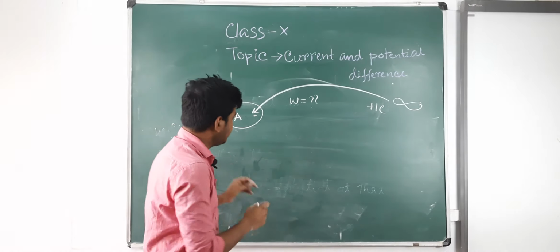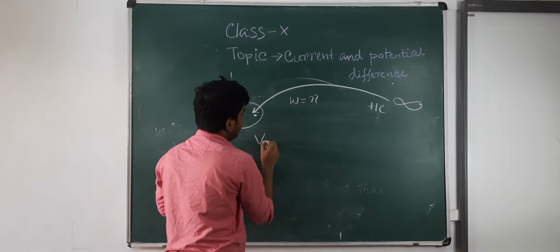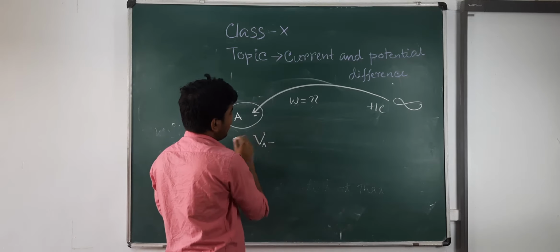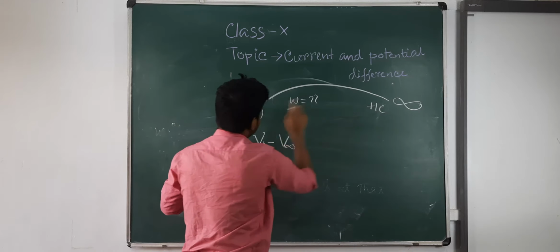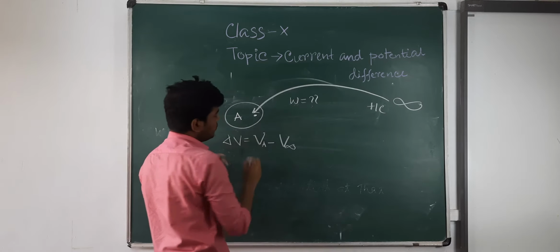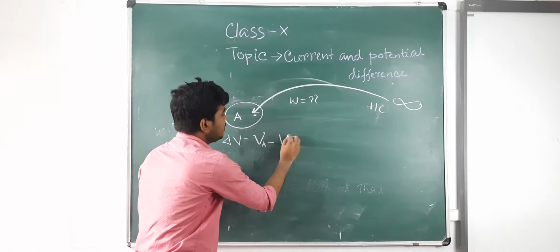So we have to write, this is the final point, this is the initial point. So V final is the potential at the final point, and V infinity is the initial point. So delta V, the change of potential, equals VA minus V infinity.